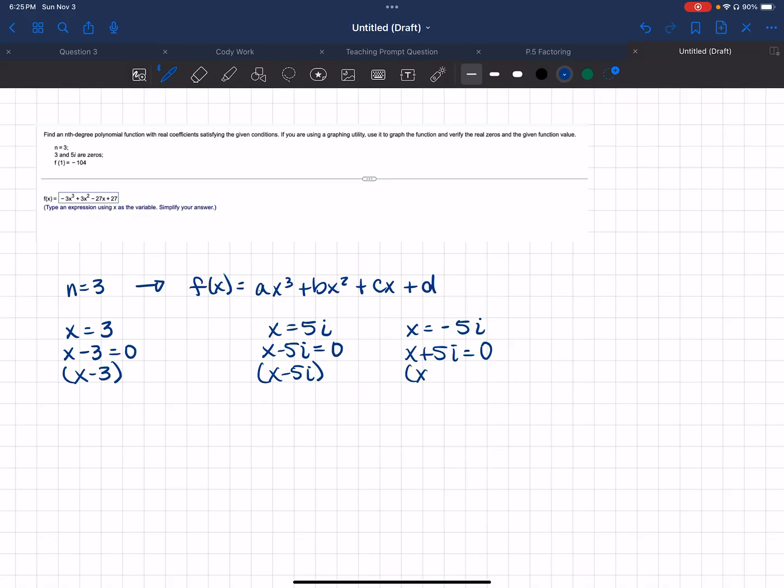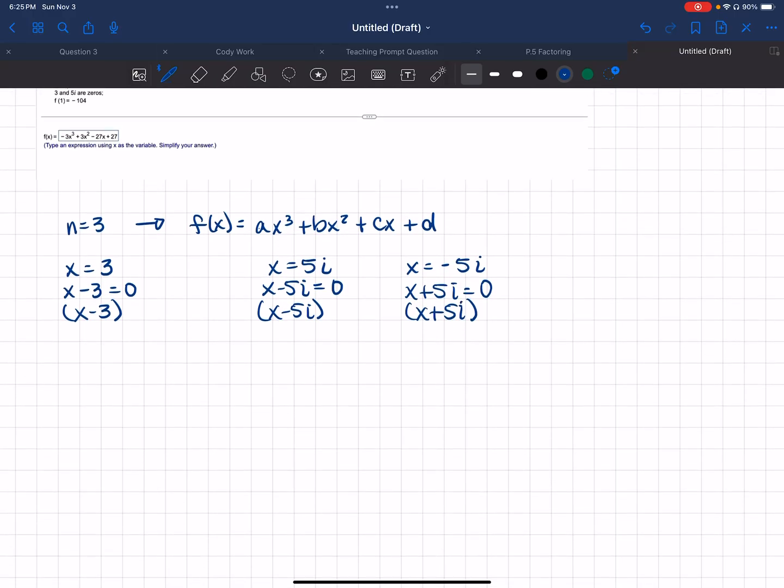So I had a factor of x plus 5i. Okay, so let's multiply all these together. So I'm saying x minus 3 times x minus 5i times x plus 5i.